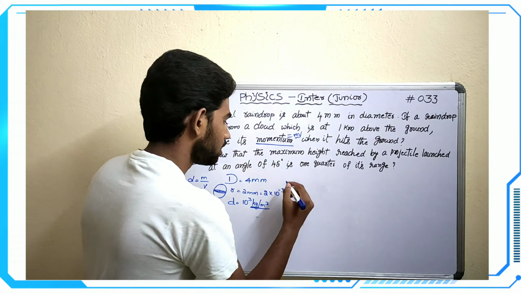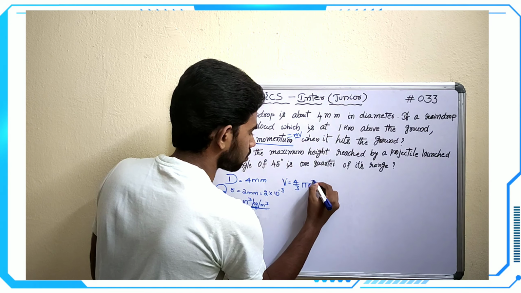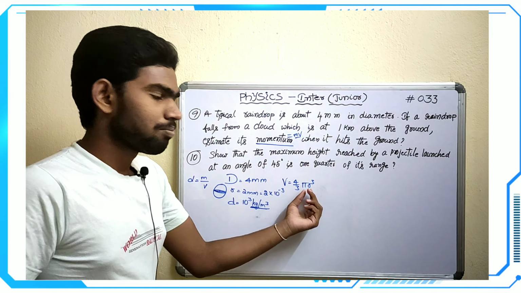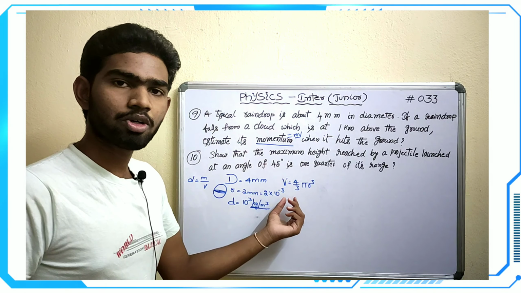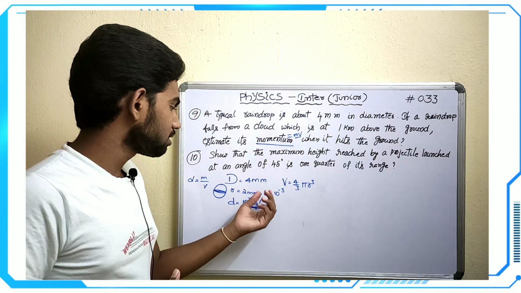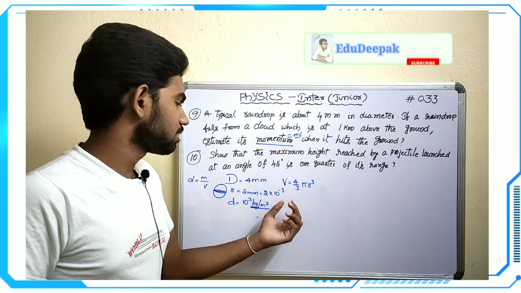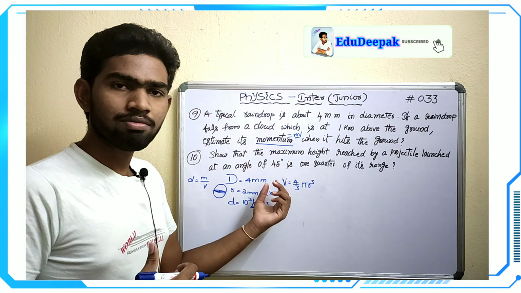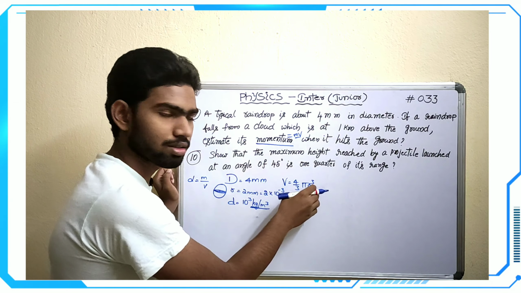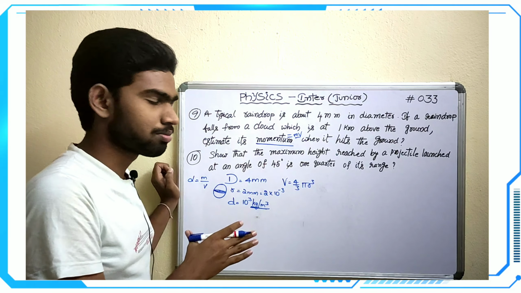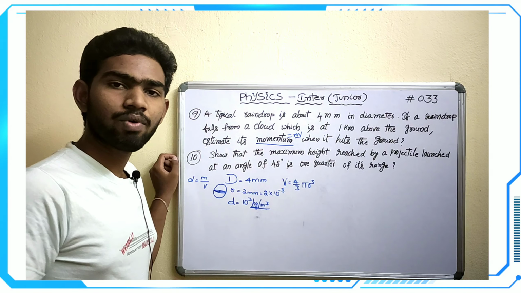Substituting pi equal to 22 by 7 and r cube as 2 into 10 to the power of minus 3 whole cube, that is 8 into 10 to the power of minus 9, we put all these values there, and after that we have to calculate the velocity.